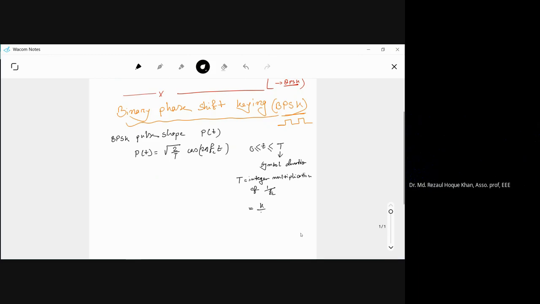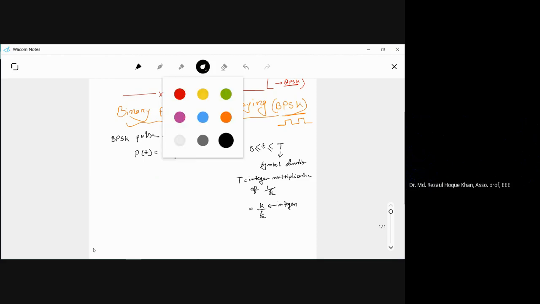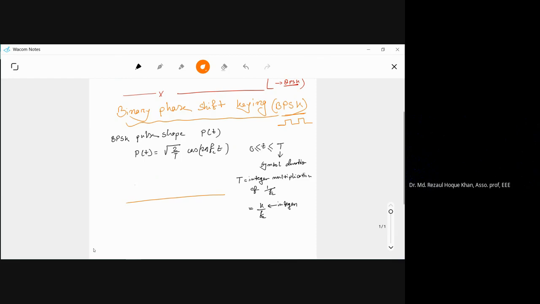This K is an integer. Imagine we draw a signal like this.